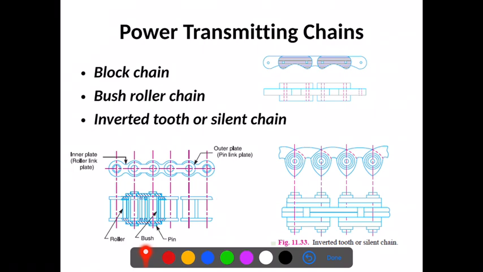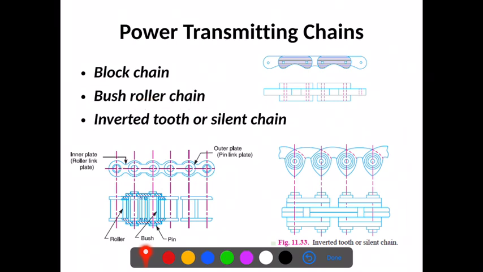Then another type of chain is called the inverted tooth or silent chain. Generally this inverted tooth or silent chain has an advantage over a disadvantage of the bush roller chain.